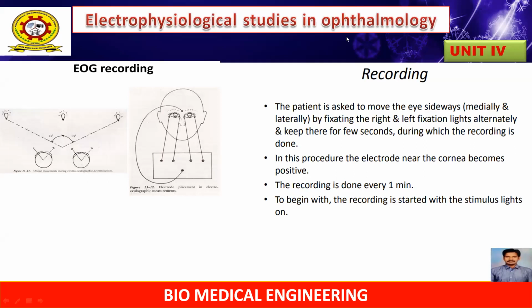We have to place the electrodes on the eyeball, as shown in the picture. All participants try to visualize the picture. Figure A shows rotation of the eyeball, which is some 15 degrees, and figure B shows placement of electrodes with respect to the eye position.